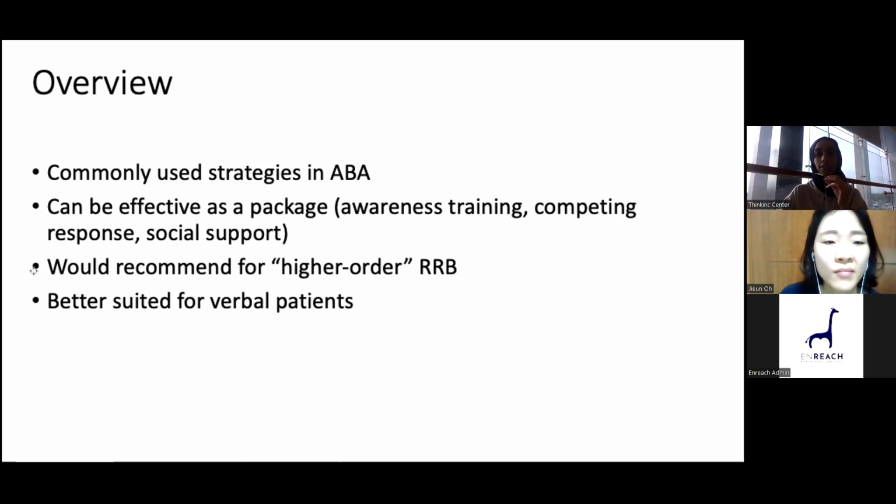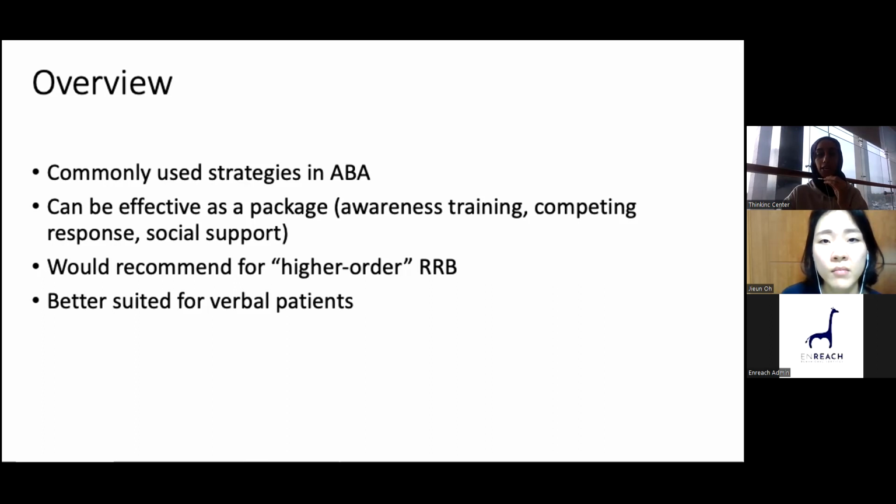And I would definitely recommend using this package with higher order repetitive and restricted behaviors. So, having ritualistic behavior and compulsive behaviors and insistence on sameness, especially for individuals who exhibit repetitive and restricted behaviors that can be dangerous to themselves or others around them.